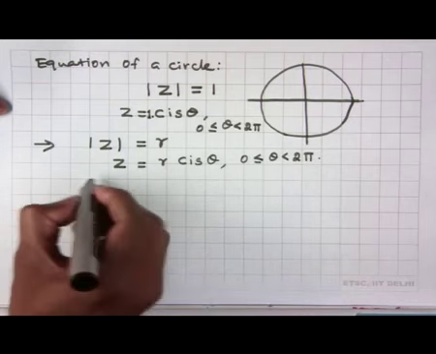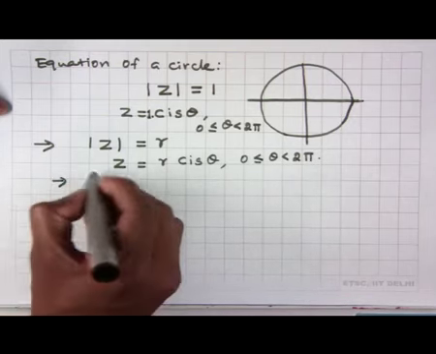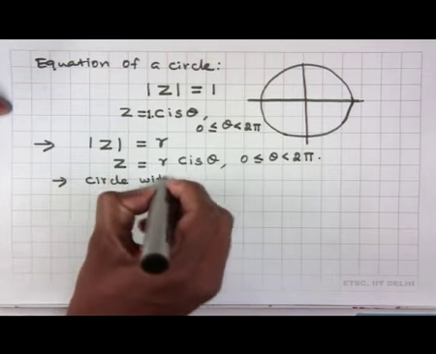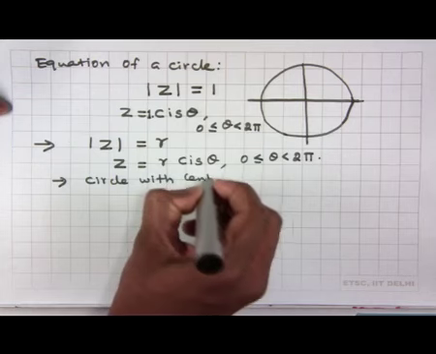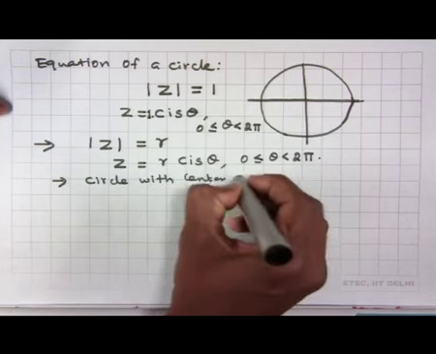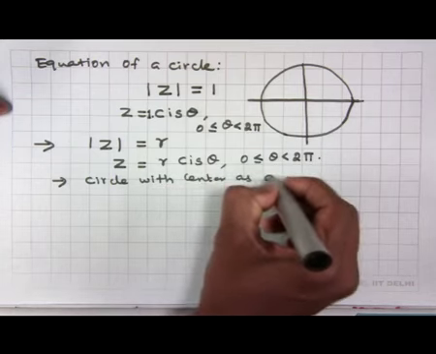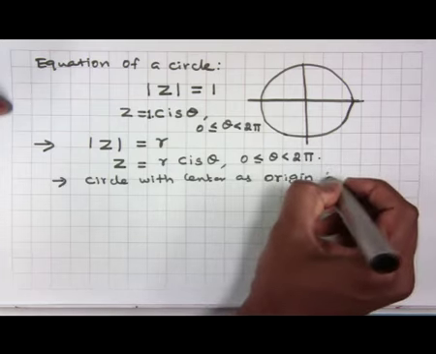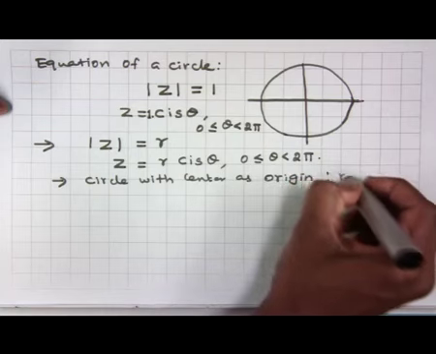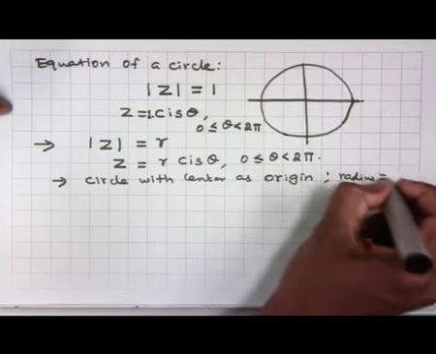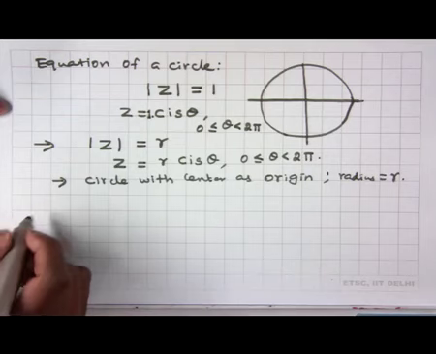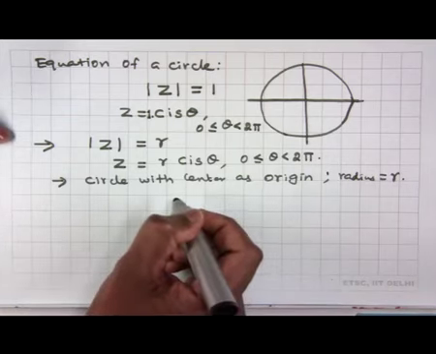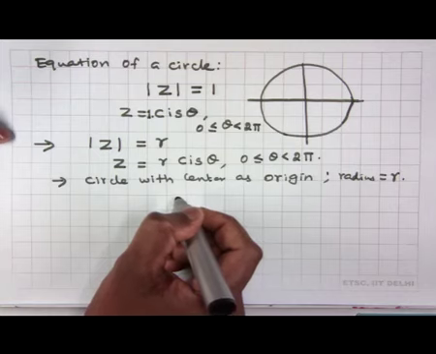So, in this case, it is a circle with center as origin with radius r.